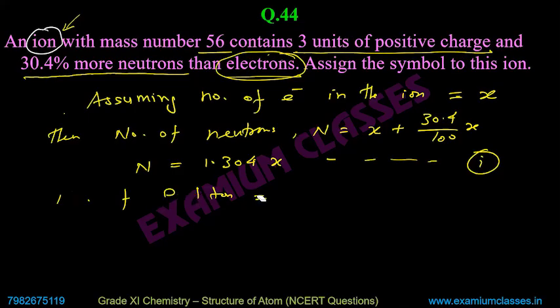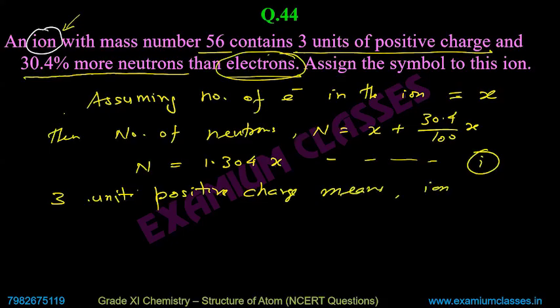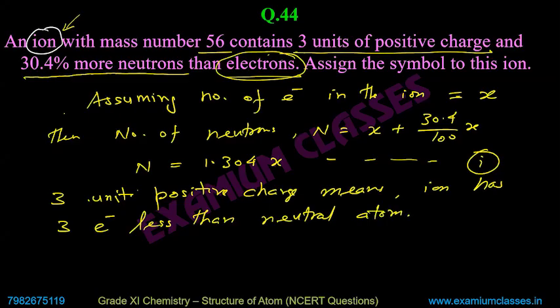So I'm writing it so that there is no confusion. 3 units of positive charge means the ion has 3 electrons less than the neutral atom. Negative parts have gone, that's why positive charge. Protons are now 3 more, so protons contribute to the +3 charge. It means the number of protons will be the number of electrons in the ion plus 3.